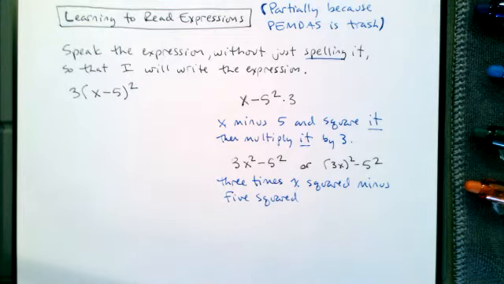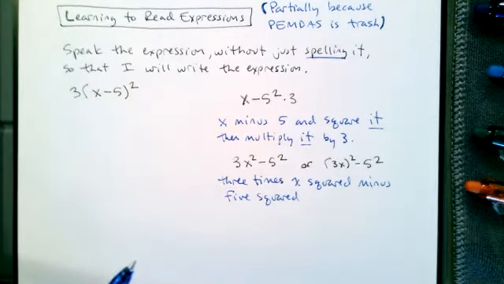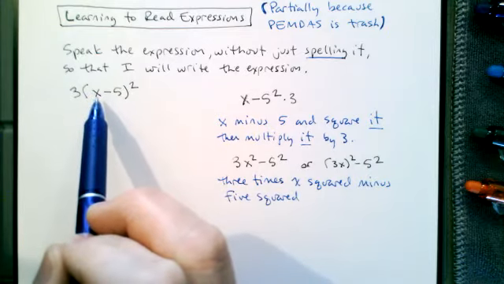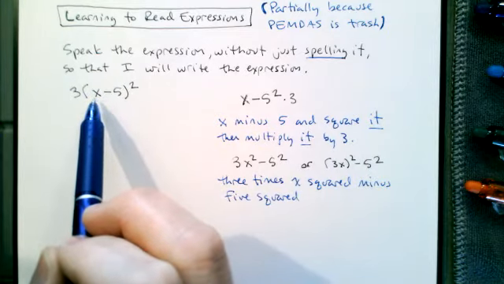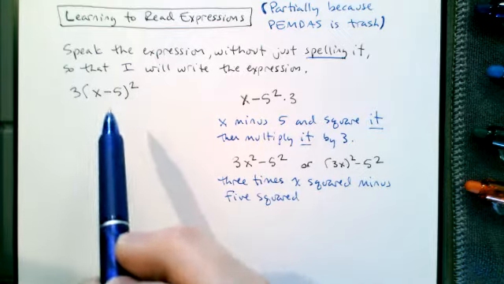Let's think about what happens in this expression. If we were going to evaluate this expression for some value we put in for x, what are the things that we do to the x to evaluate this expression?